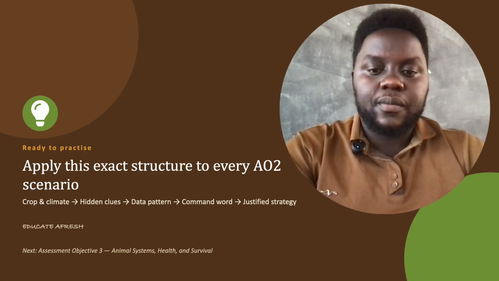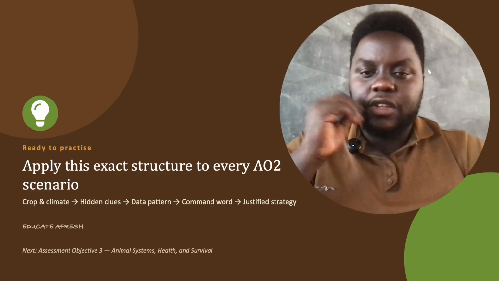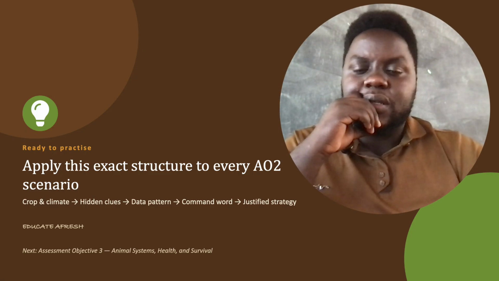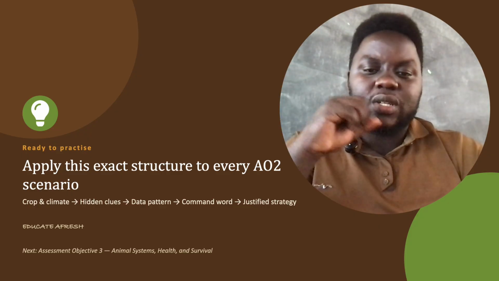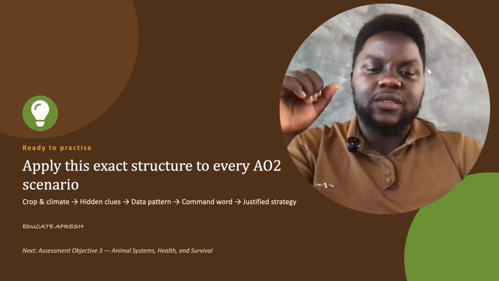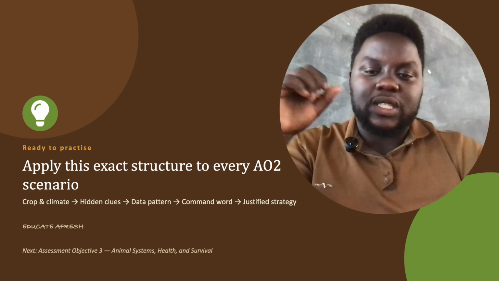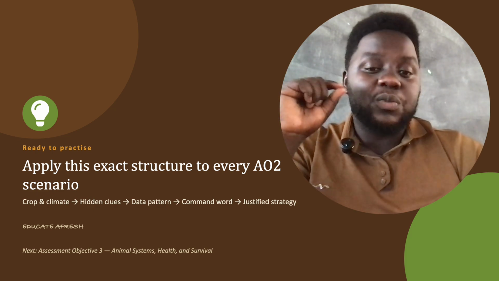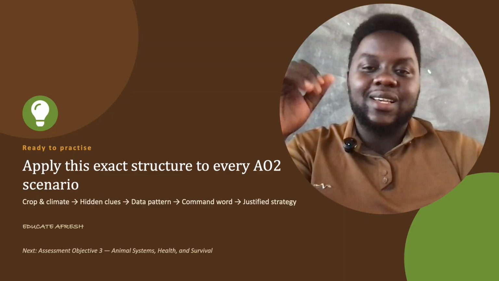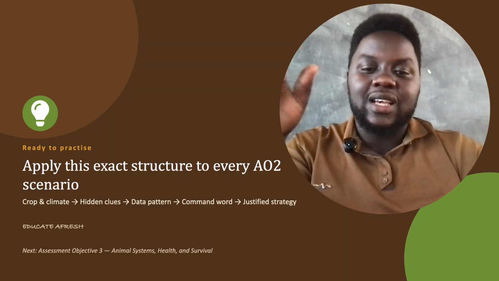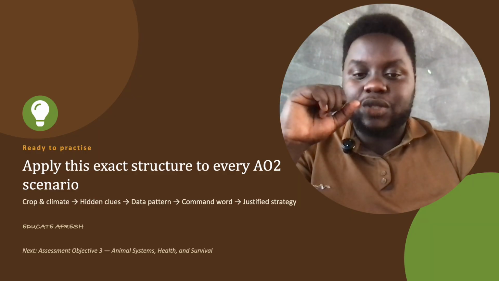Now, let's bring this all together. Crop and climate, the hidden clues, the data pattern, the command words, the strategies, the 5-step chain, all these things. Every scenario you meet from this point forward, whether it's about sorghum, rice, millet, beans, greenhouse, or tomato trial runs, is going to follow the same chain.